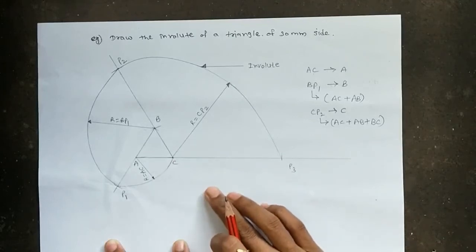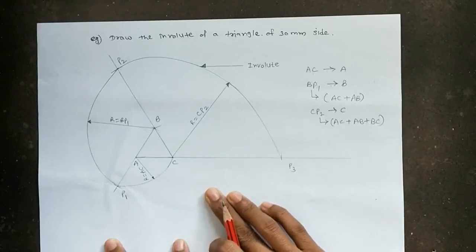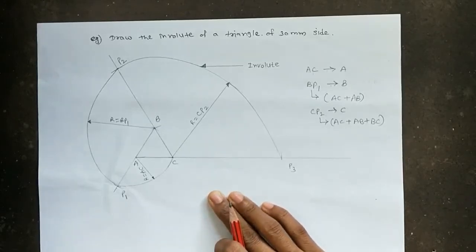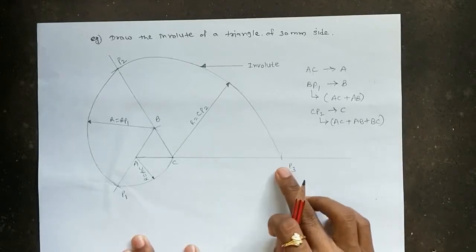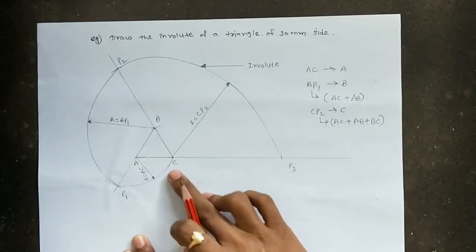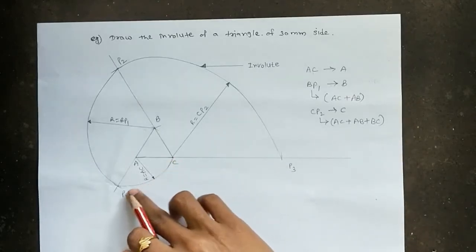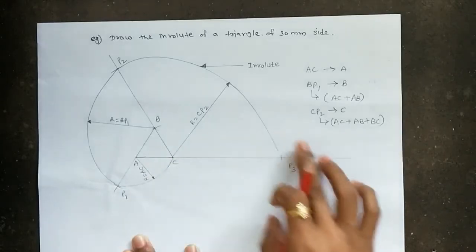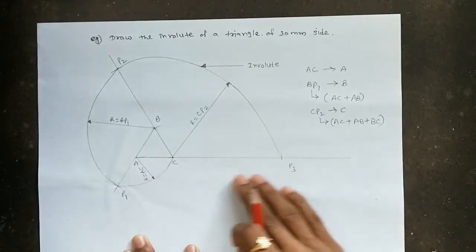Or we can define involute as a curve traced out by a point on the straight line which rolls without slipping around a circle or around a polygon.